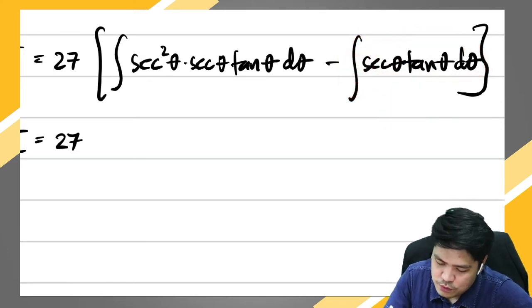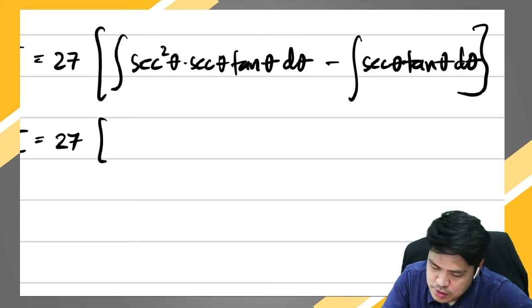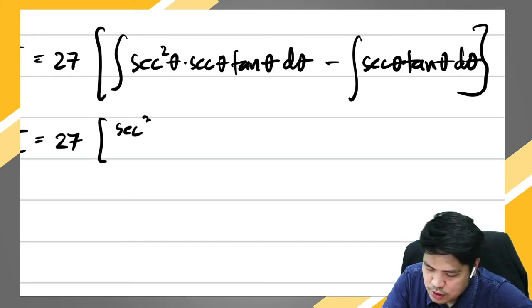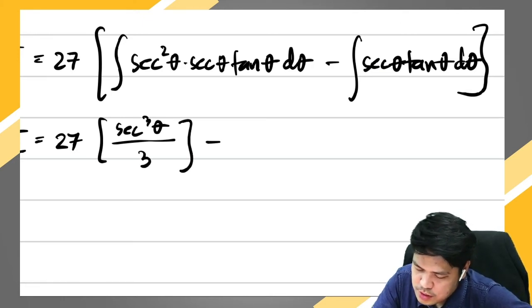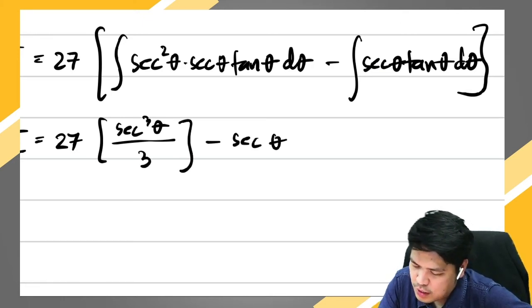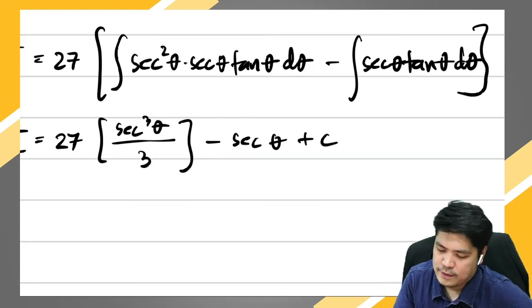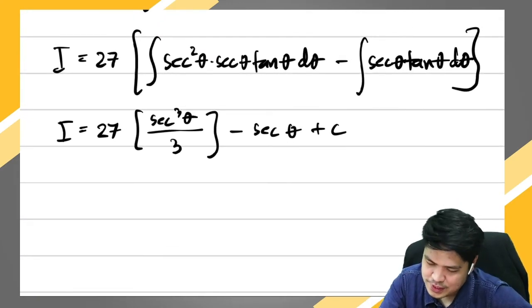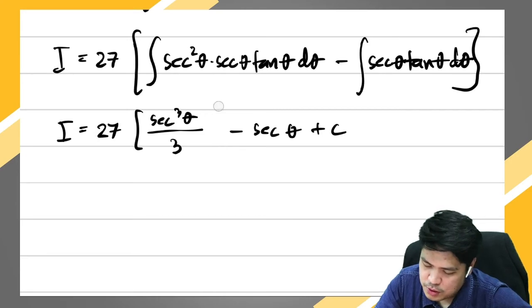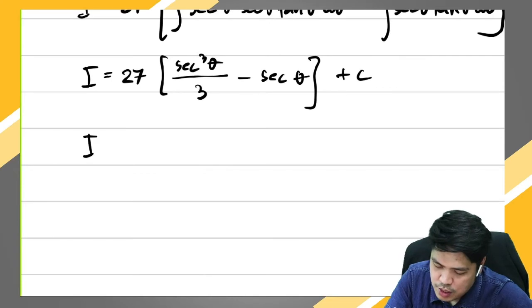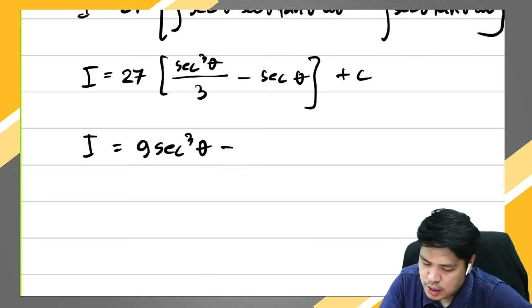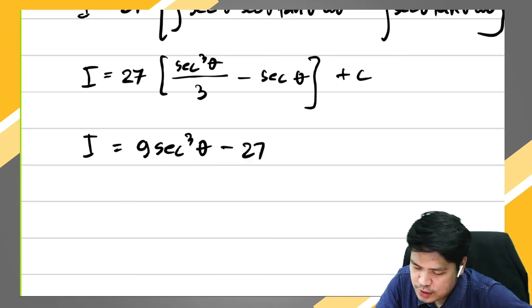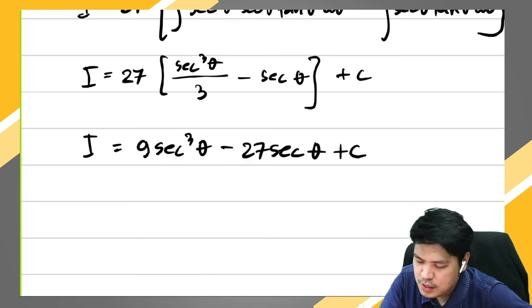So we'll have 27 times secant cubed theta over 3 minus secant theta plus c. Oh, sorry, the grouping symbol goes here. So I is equal to 9 secant cubed theta minus 27 secant theta plus c.